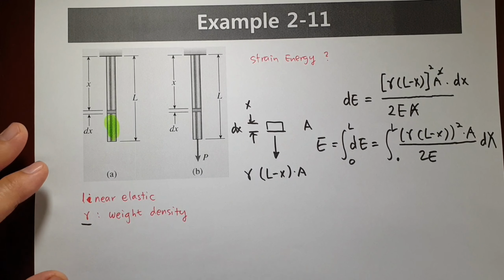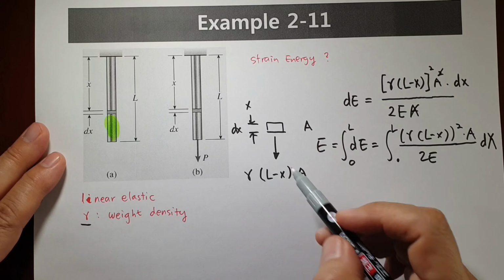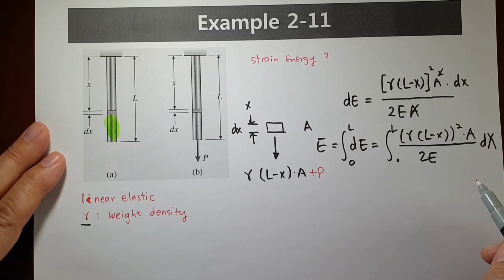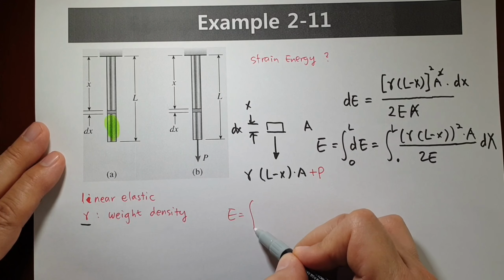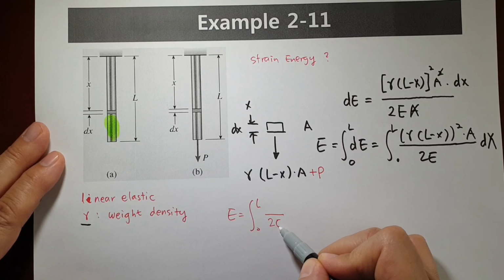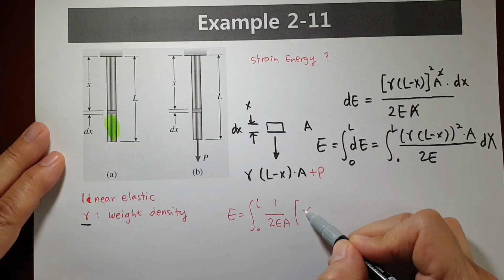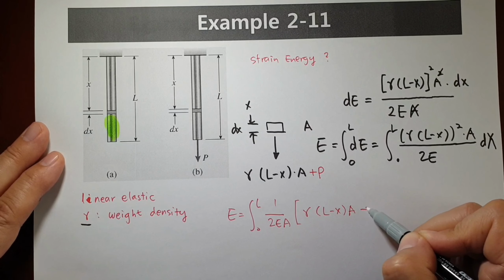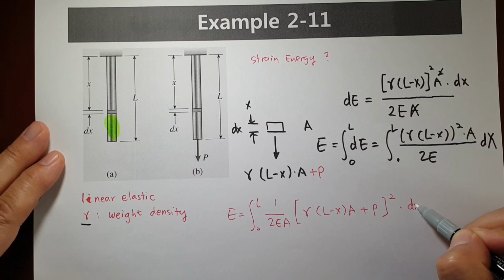In the case of the right side, it's the same condition but it's different. P is acted like this one. Then E is different. Integral 0 to L of (gamma (L minus x) A plus P) squared dx over 2EA.